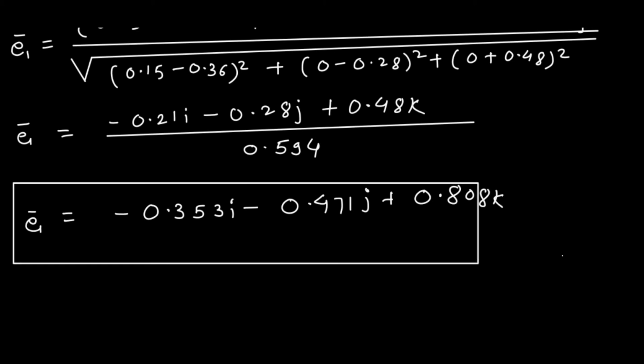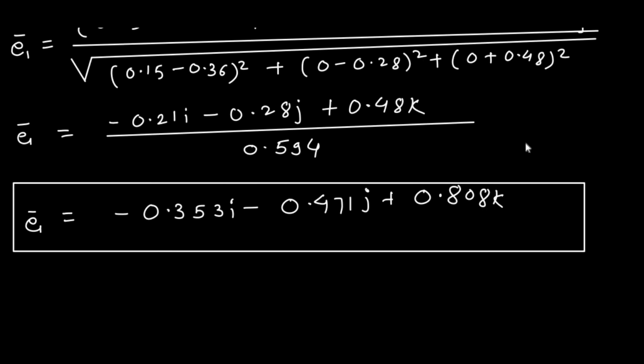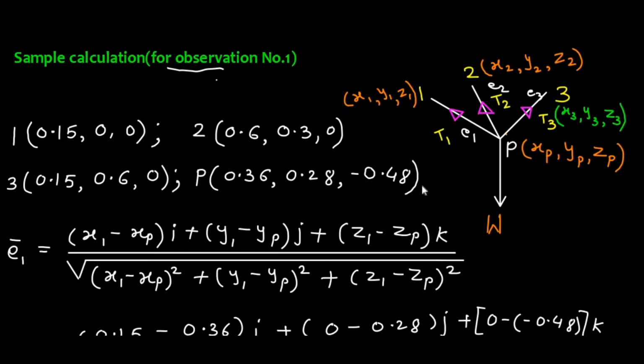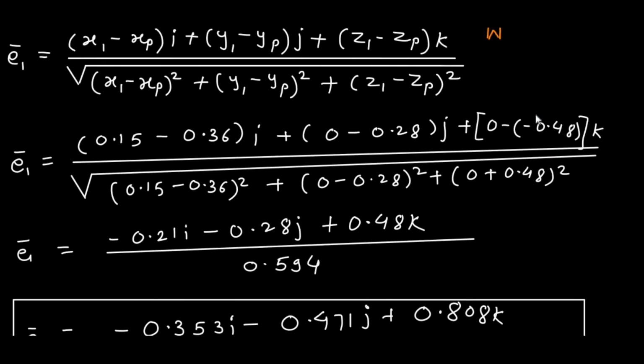So this is the unit vector we calculated for the tension which is passing from point P to point 1. Similarly, we will calculate the unit vectors along the lines passing from point P to point 2 and from point P to point 3.